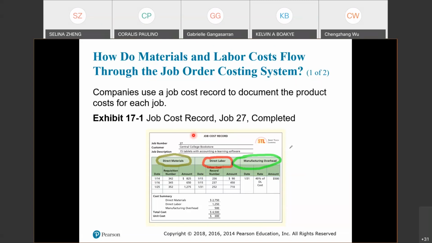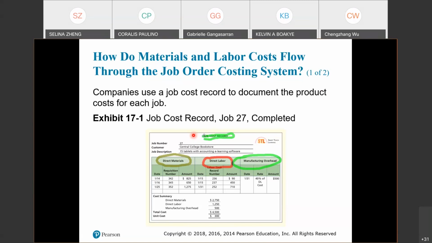The company starts the job cost record when work begins on the job. As the company incurs costs, it adds the costs to the job cost record, that is, these sheets.